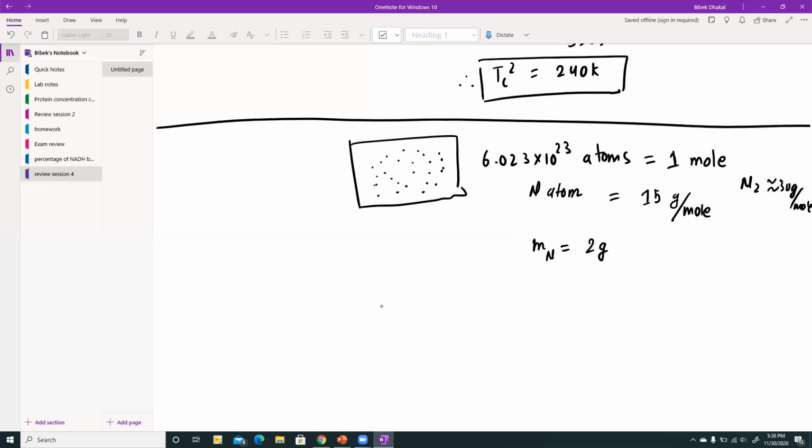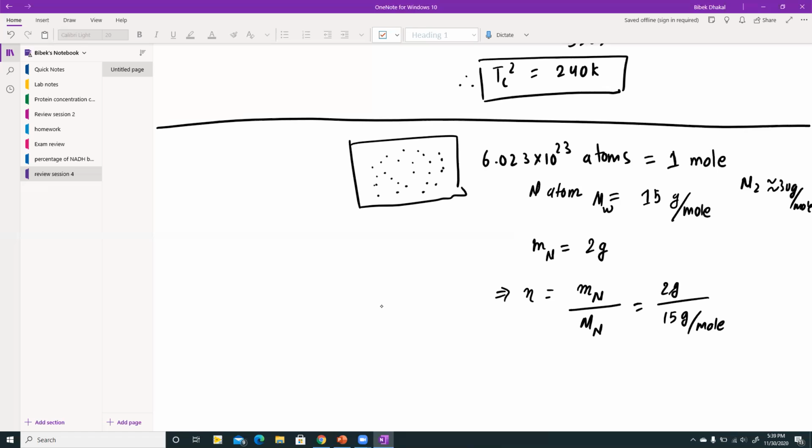Now you can find the number of moles, because the number of moles is just the mass given to you over the molecular weight of nitrogen. So this is 2 gram over 15 gram per mole.